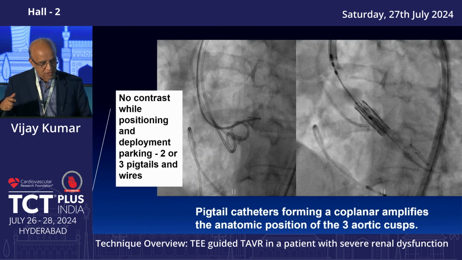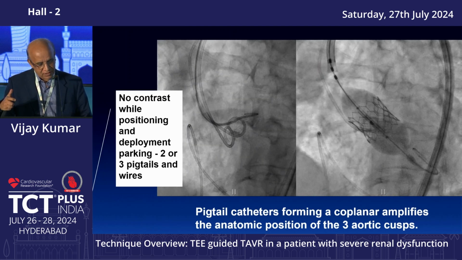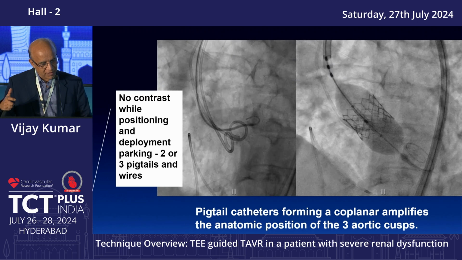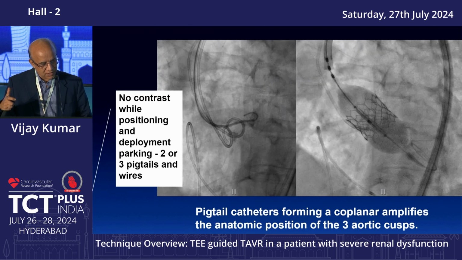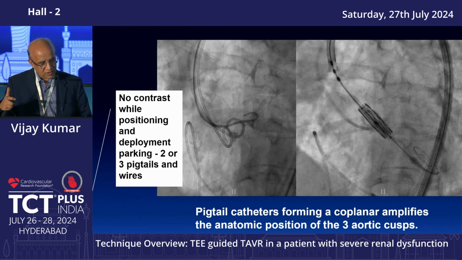Now coming to the positioning, this is an example of a patient where the balloon expanding valve was deployed without the use of contrast. You can see three pigtail catheters are in the aortic sinus.